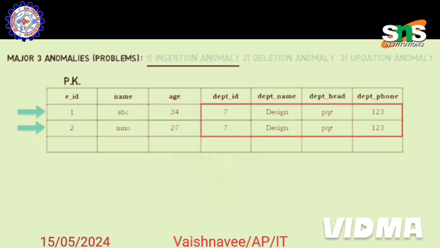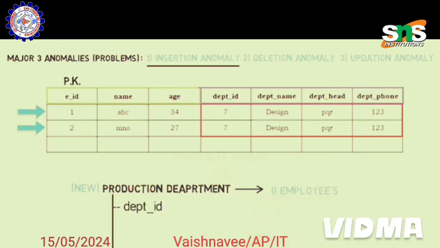Now we will see how the insertion anomaly can occur in this. First understand that we are storing employee details and department details in the same table. Let's say a new department is introduced in the company, but the employee recruitment is yet to be done. So we just have department ID, department name, department head, and department phone.